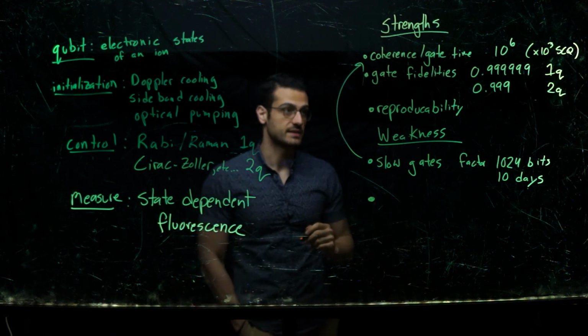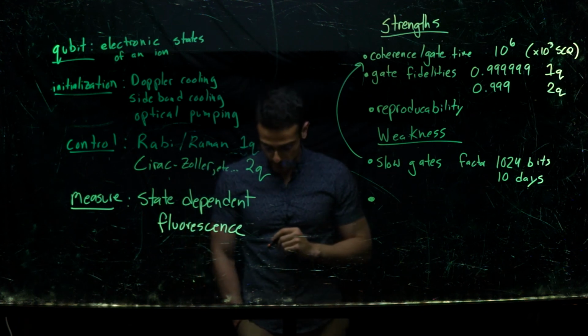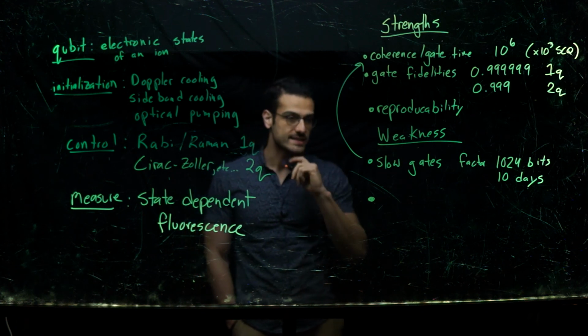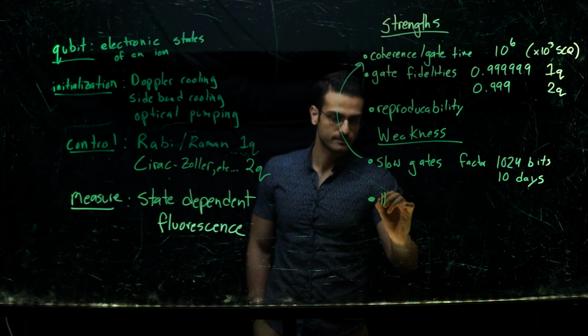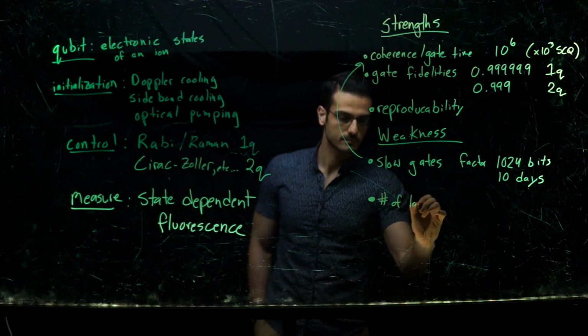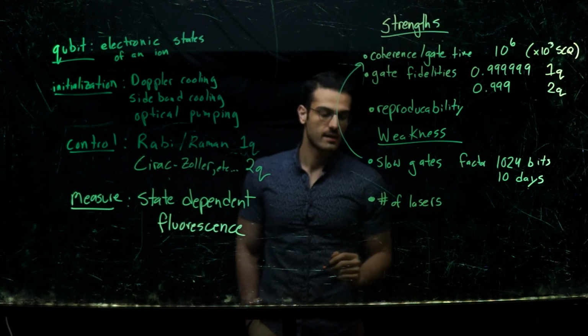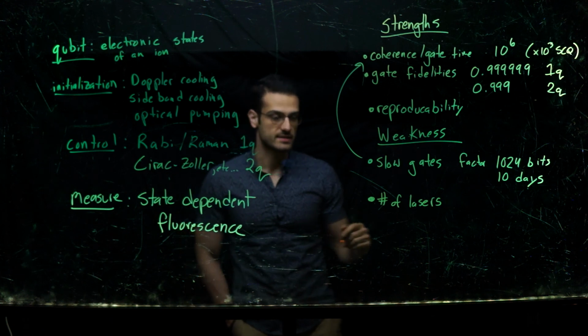That's one point where superconducting qubits have a huge advantage. And the other one is that the number of lasers scales linearly with the size of the trap.